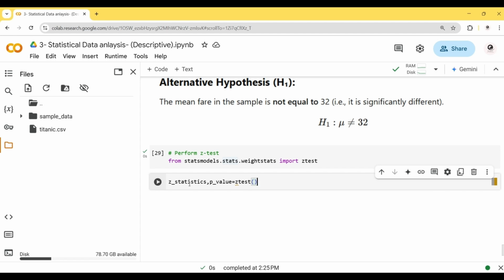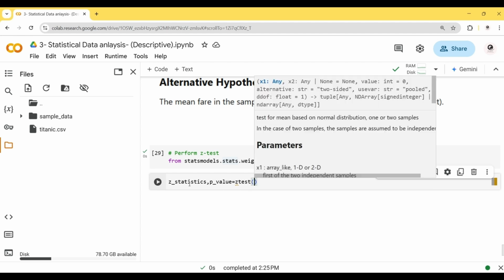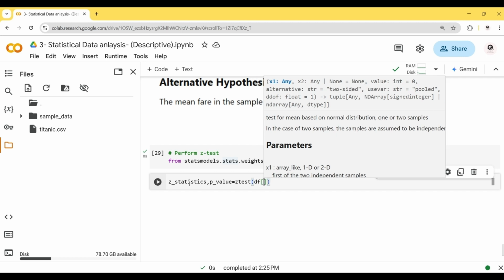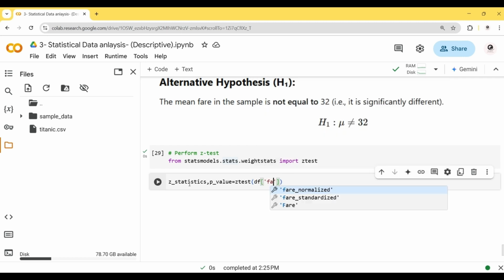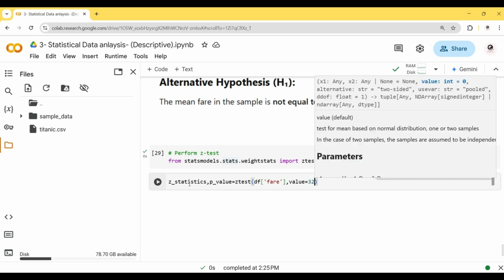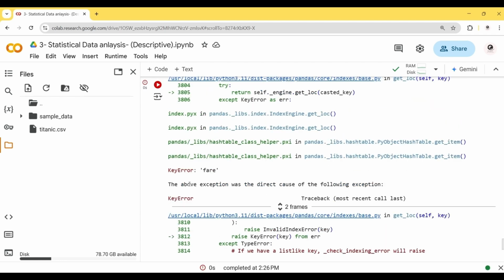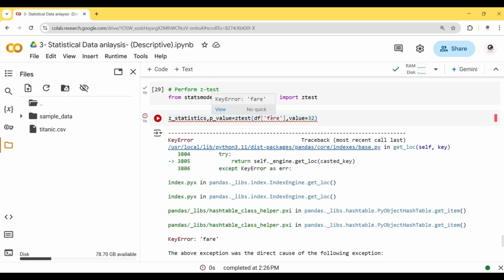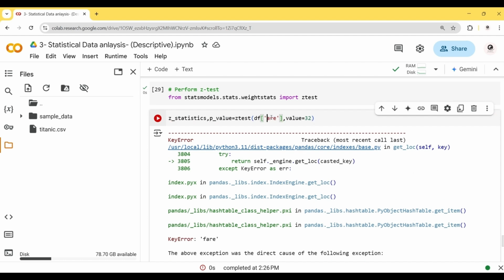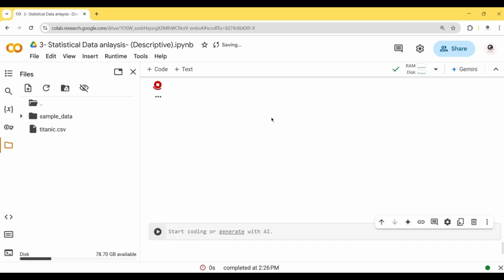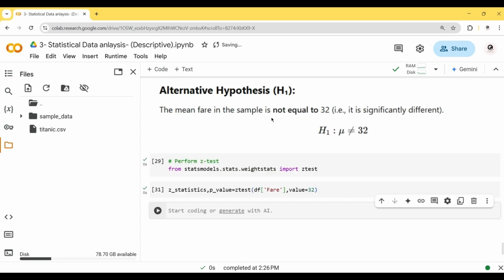Now I will call ztest on the fare. So here I will write df of fare, and I want to check with the value 32. Value equal to 32. Let me run this. Here we have made a spelling error; we have to use a capital F. Now it's done.